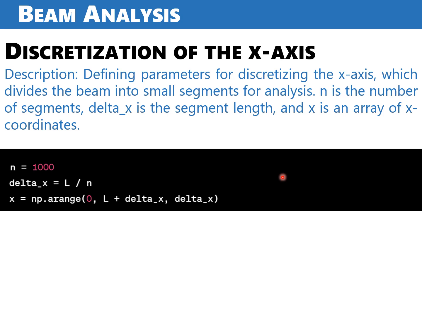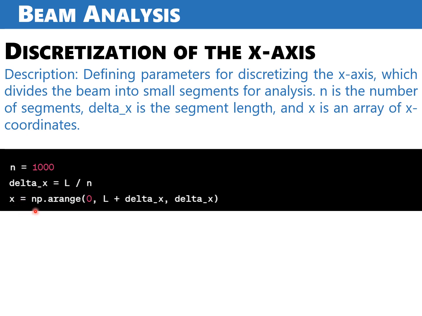To plot various points, we need to consider a number of points along the x-axis. For that, we have decided 1000 as the number of segments in which the x-axis will be divided. So if 1000 is the total number of segments, the span of each segment will be equal to the length of the beam divided by the number of segments.